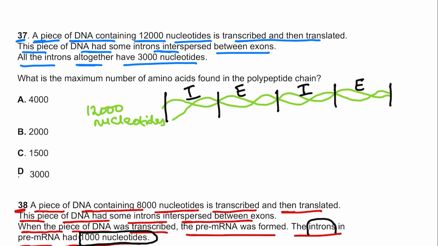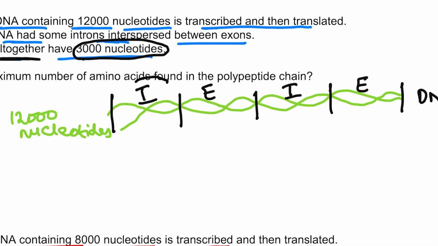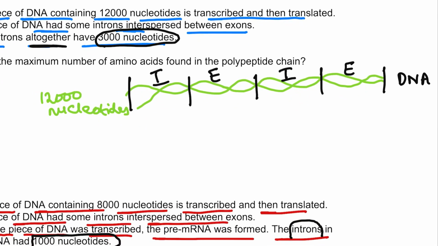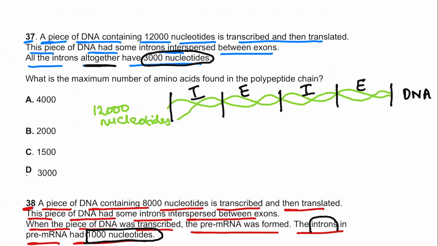So they say that in this DNA molecule, they haven't mentioned the pre-messenger RNA. They say that in this DNA molecule, all the introns together have 3000 nucleotides. So over here in the DNA, as we all know, the intron is double-stranded, right? So they say that in the DNA, introns have 3000 nucleotides.